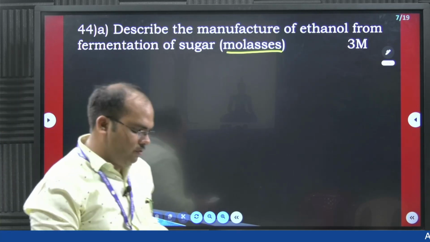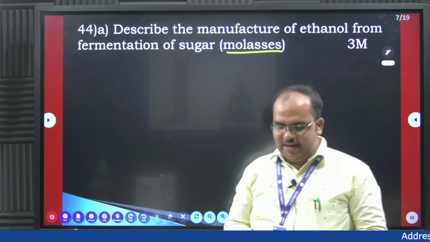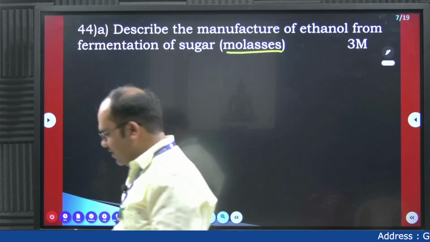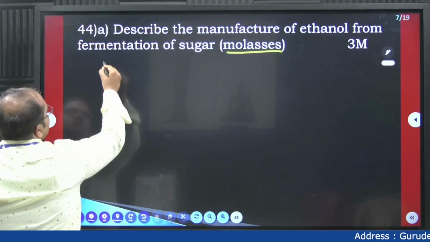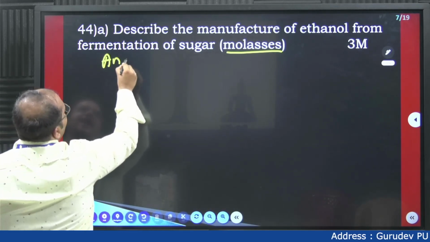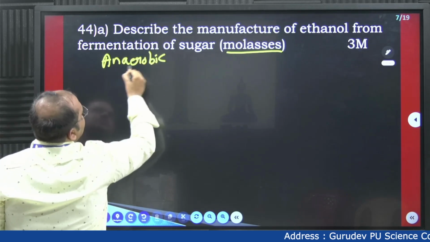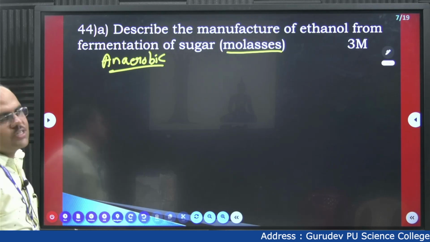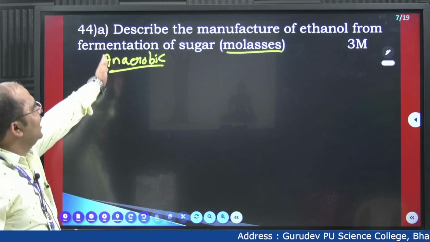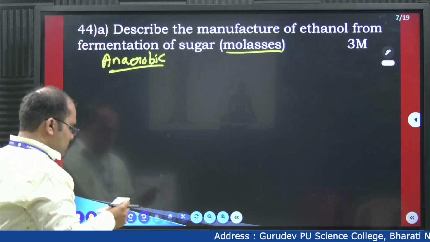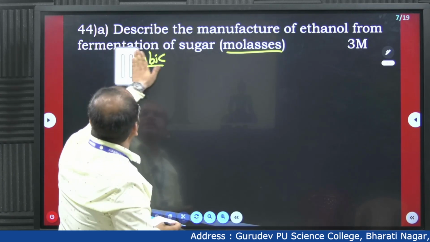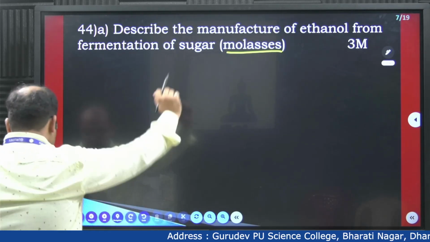What is fermentation? The release of carbon dioxide, which has the major role. It is called an anaerobic process, as you have learnt in biology, in the absence of oxygen. Here the carbon dioxide is released.